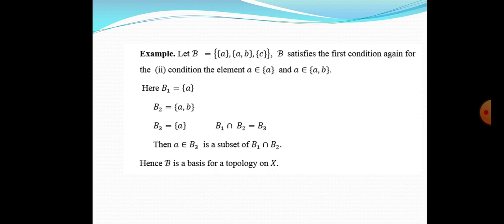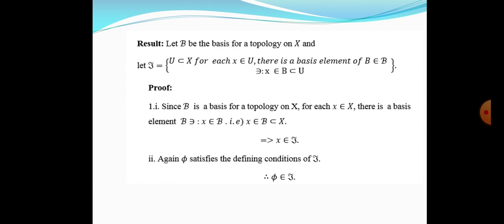Okay, because b1 equal to a and b1 intersection b2 equal to a, then a belongs to b3, which is a subset of b1 intersection b2. Therefore, hence B is a basis for the topology on X. Okay, if two conditions are satisfied, then it is a basis.